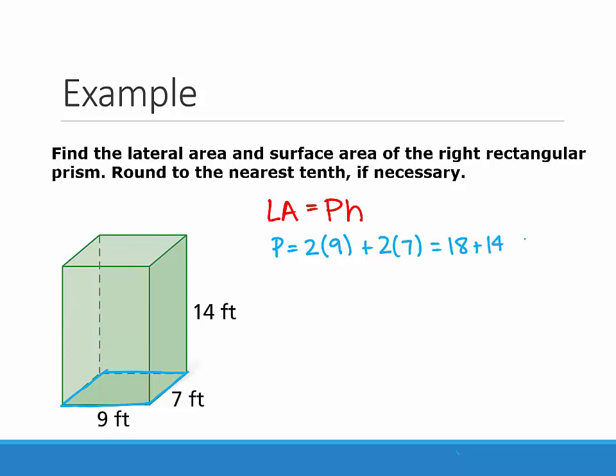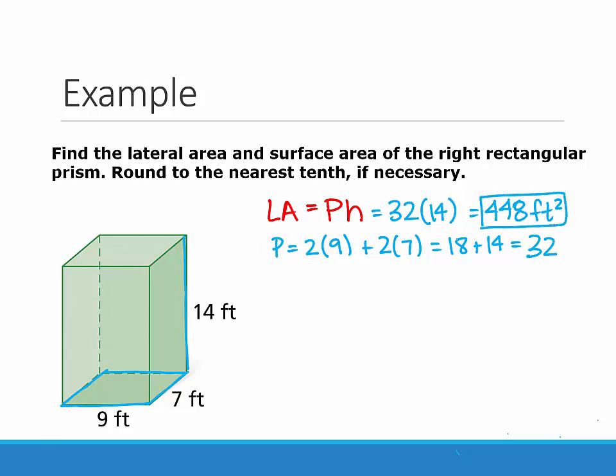And if we add up 18 and 14, we end up with 32. So our lateral area is 32 times the height of this, which is 14. And if you multiply 32 and 14, you end up with 448 feet squared.